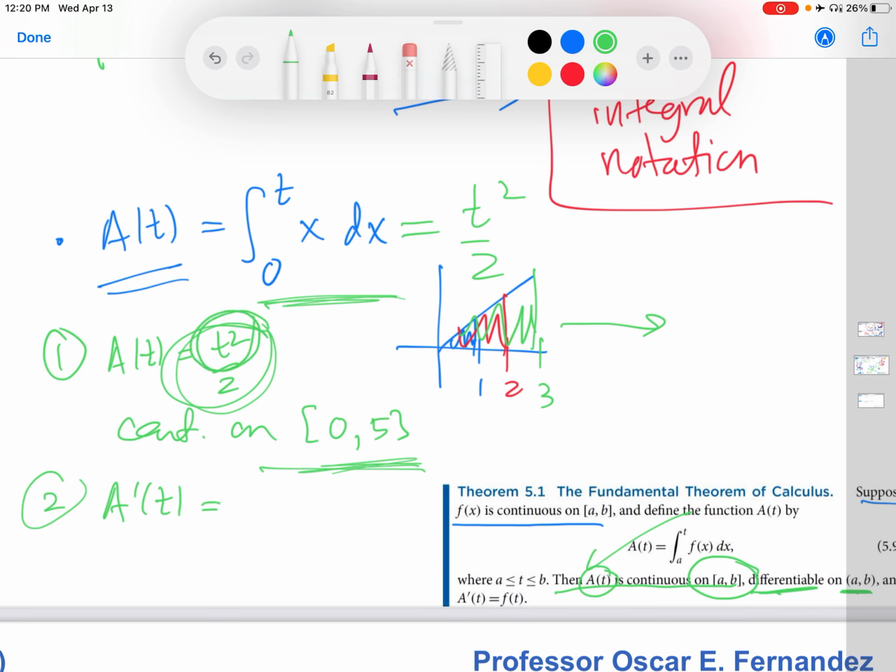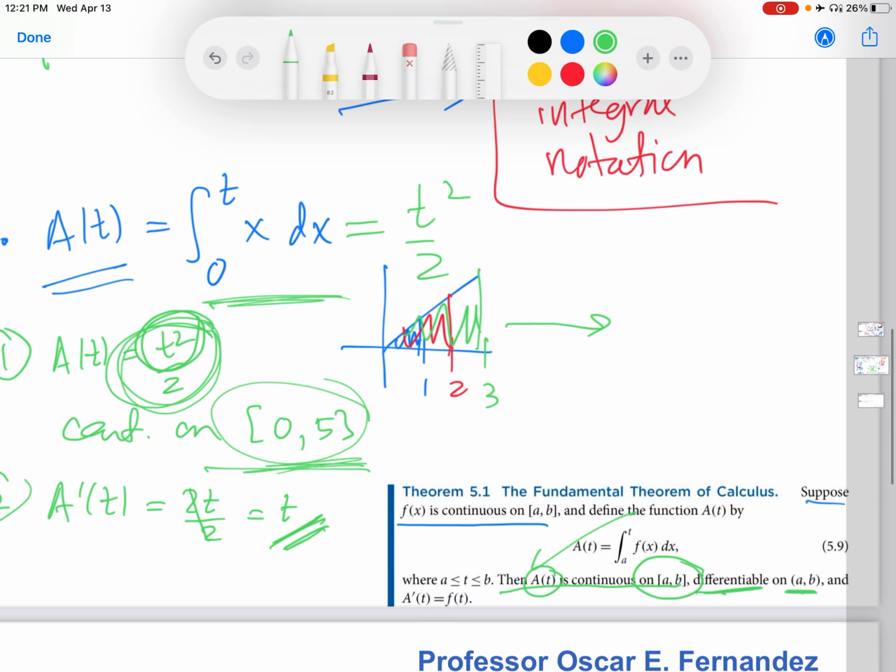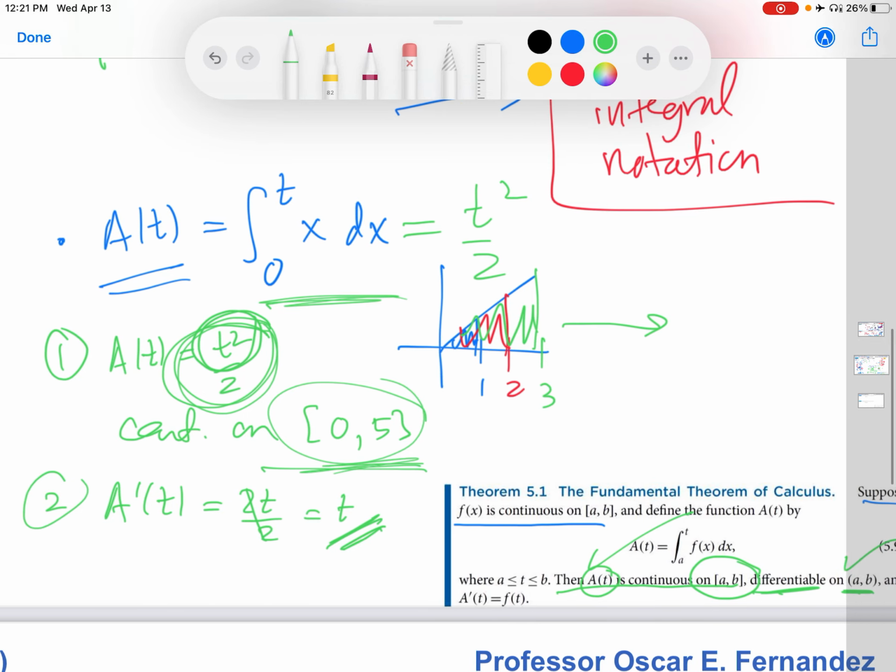This is a power function, power rule, differentiates to 2t, get rid of the 2's. A prime of t is t, another polynomial, right? A linear function, continuous everywhere, differentiable everywhere. So A of t really is differentiable because its derivative exists at every point, including at points between 0 and 5. So A of t is differentiable on the open interval 0 to 5.